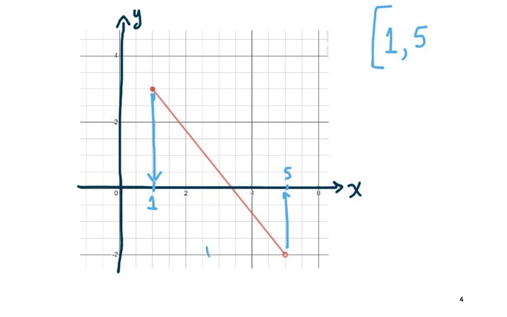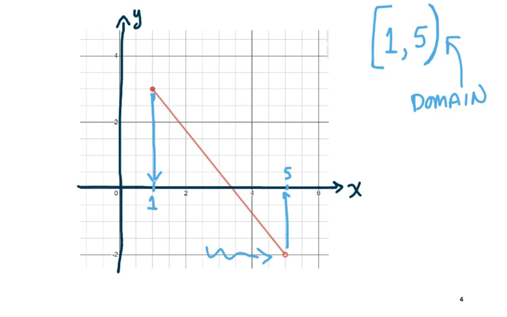But when you go all the way over here and you see this open circle, that indicates that it never actually will get to the value of 5. It will get to like 4.999999, but it will never get to 5. So that's why we indicate an open, a parenthesis. So this is how we indicate the domain in interval form of this graph.